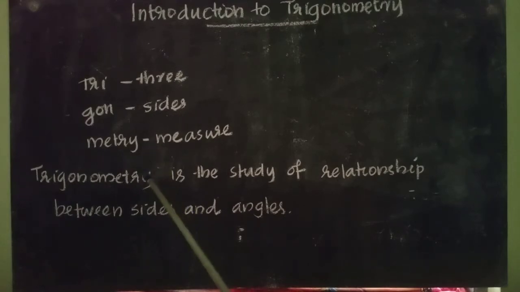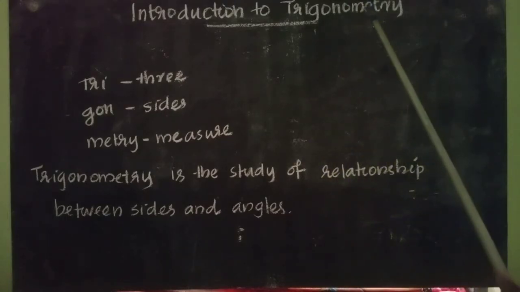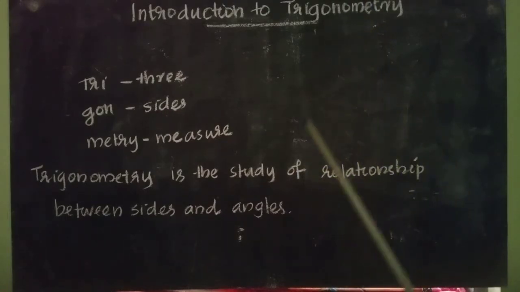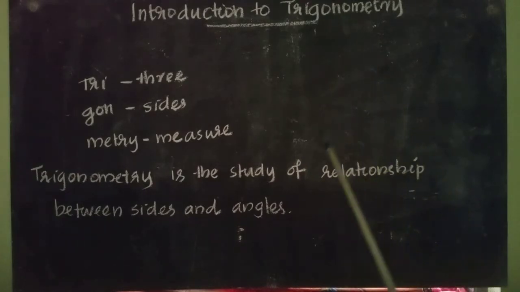So, trigonometry is the study of relationship between sides and angles. In this chapter, we are going to discuss trigonometric ratios and identities.